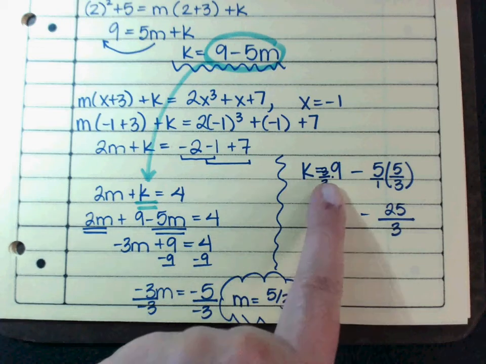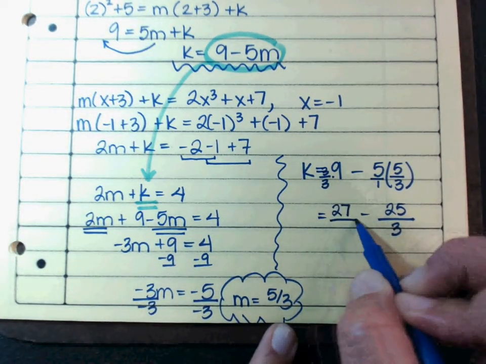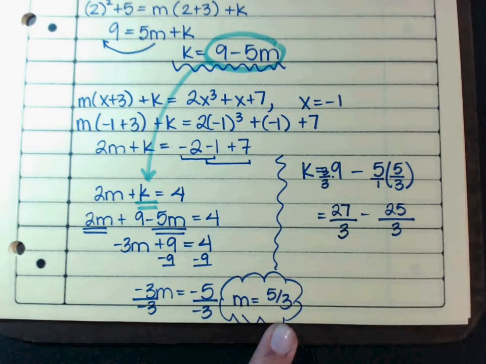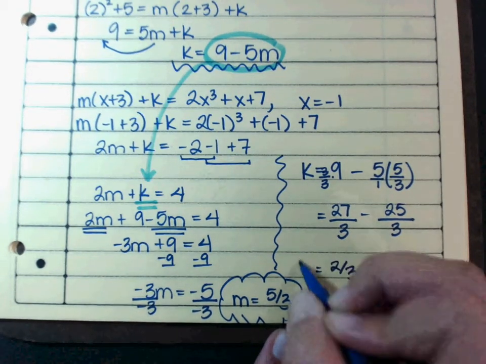On top, what's 3 times 9? 27. And then on bottom, since there wasn't anything on bottom anyway, it's just a 3 now. And then 27/3 minus 25/3, they have a common denominator, so I just take away on the tops. 2/3. Very good. Make sense?